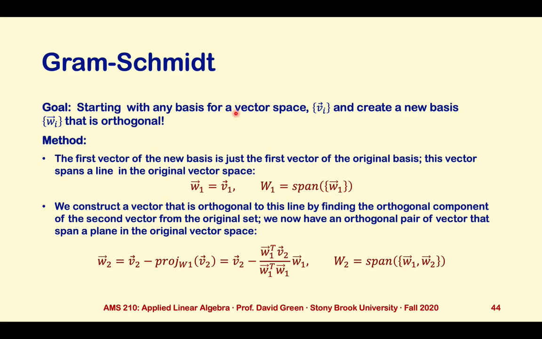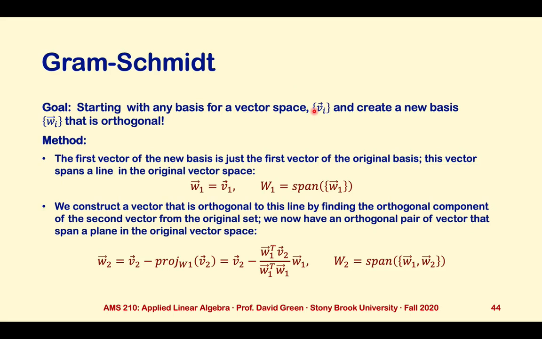So how do we do this? We're going to take a step-by-step process, adding one new vector to the set of w at a time, building them up to be orthogonal. The first thing we do is just take one vector from the original set.